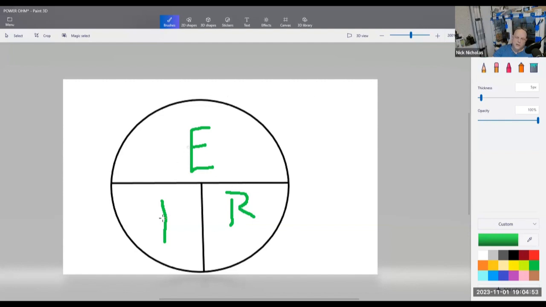But E-I-R, ear, or PIE, and all you do is put the numbers in for the values you've got, and it tells you how to solve for what.